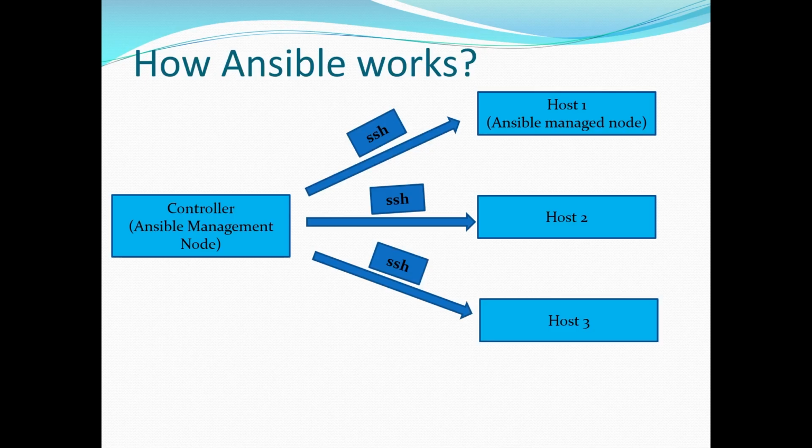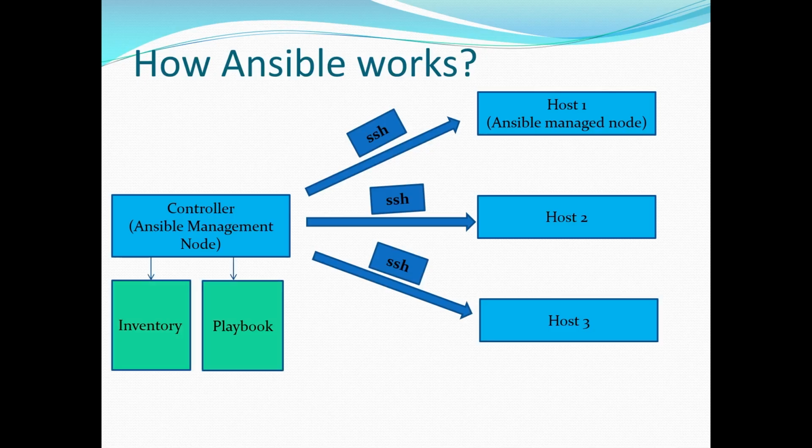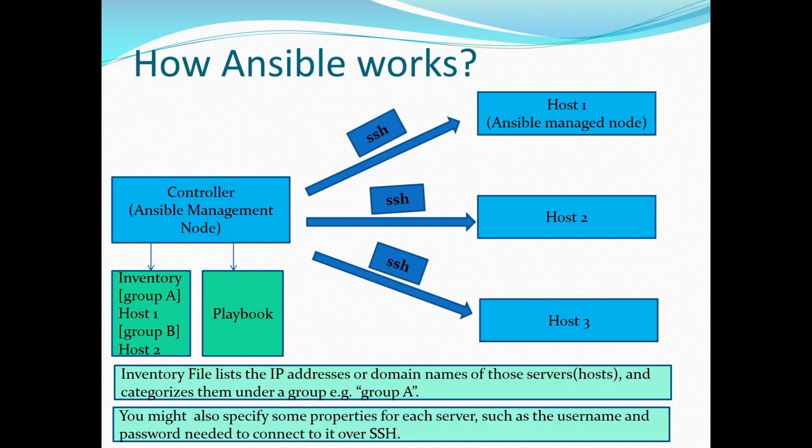Then in the controller machine, we have the inventory and the playbook. The inventory has the data of the hosts and the playbook has the instructions that need to be run on the machines. And you can see here, the inventory file lists the IP addresses or domain names of those servers or the hosts and categorizes them under a group, for example group A. So there can be database servers, there can be web servers, etc. So you can easily configure them and keep them in separate groups.